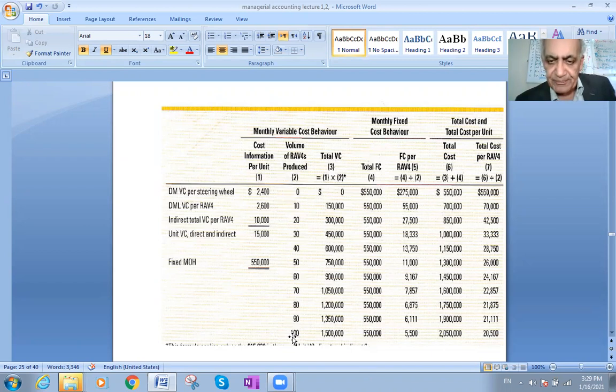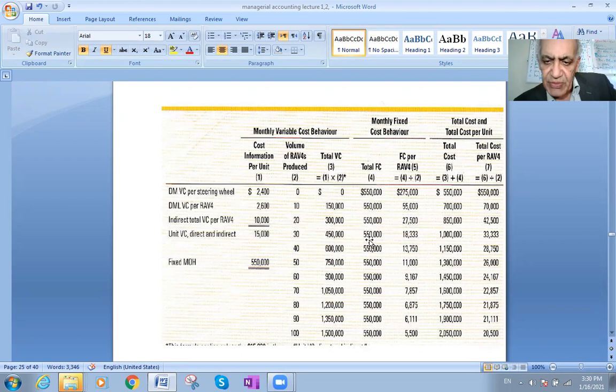As an example, let us take the first one here: 550,000 divided by 10. This will give me 55,000. Then 550,000, the fixed cost, divided by column 2, which is 20, will give me 27,500.